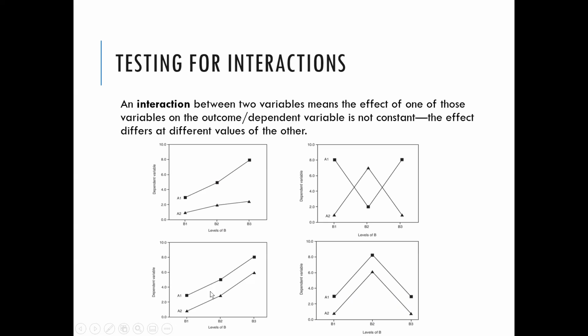So when we see that the slopes are parallel, we would conclude that there is no interaction. That change is constant. And the same thing is happening here. Those slopes are parallel, so the change in A for level 1 of A is constant across levels of B.